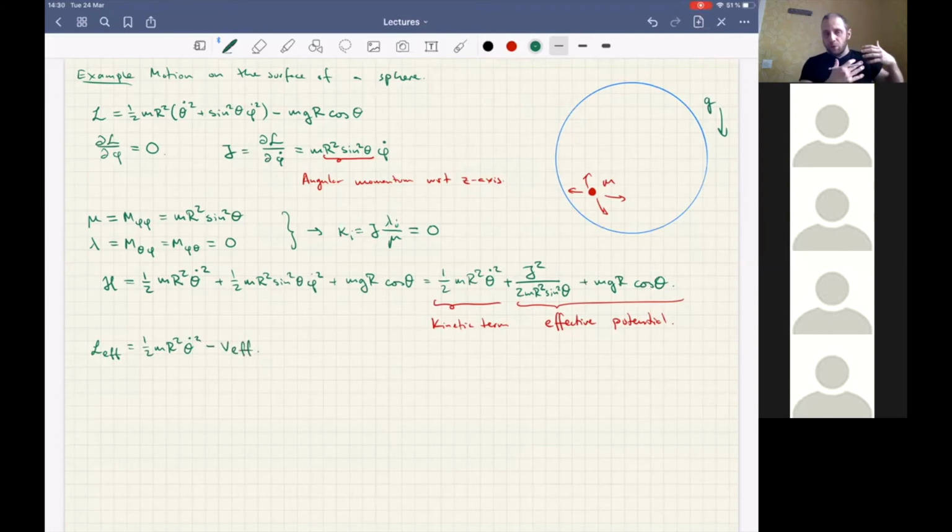So if we want to say something qualitative about this system, we can look at how the different contributions to the effective potential look, just as we did before for the other type of scenario. So let me draw the following.